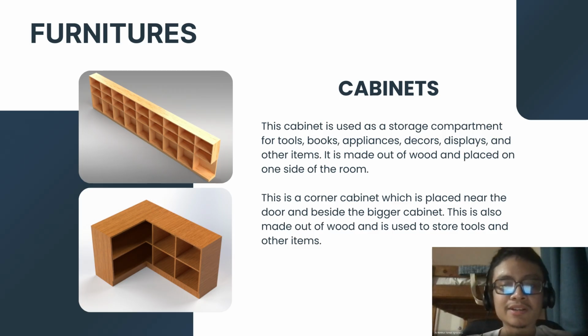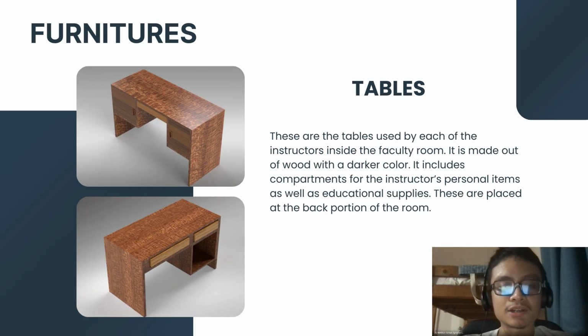Beside it, near the door, we placed a specialized corner cabinet. This smaller unit maximizes the usage of corner space, which is often dead space in a room, providing quick access to frequently used tools.